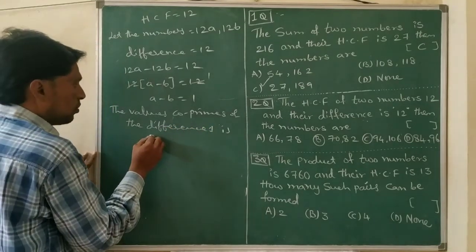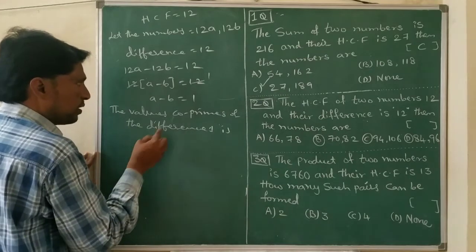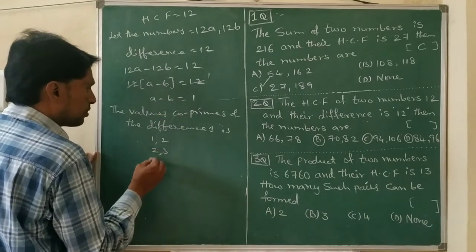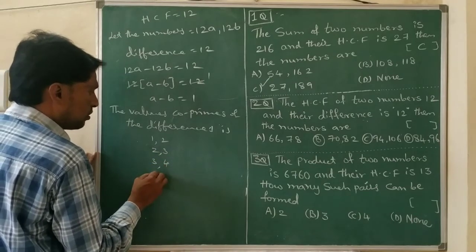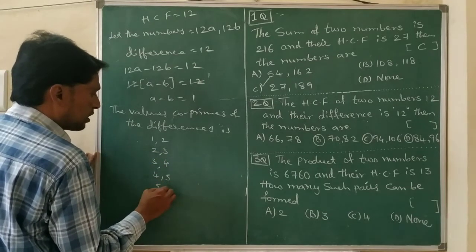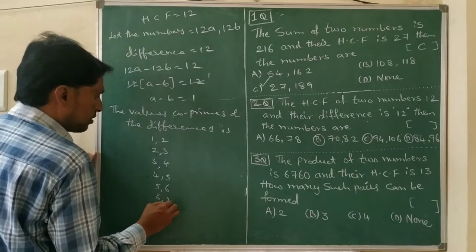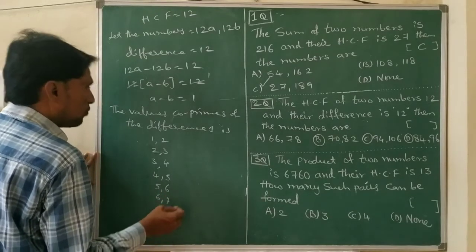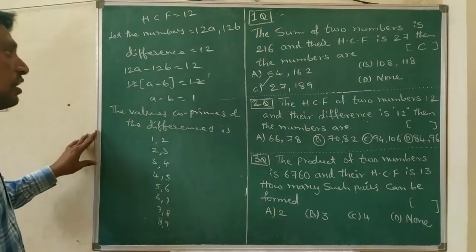We can take 1 comma 2, since 2 minus 1 is 1, then 2 comma 3, 3 comma 4, 4 comma 5, 5 comma 6, 6 comma 7, 7 comma 8, 8 comma 9, like that we can take.